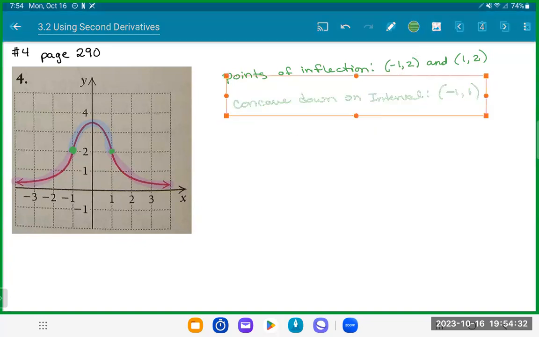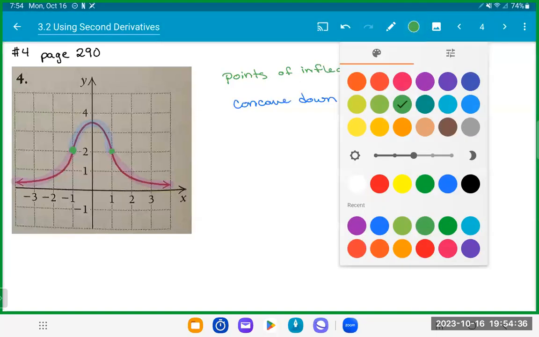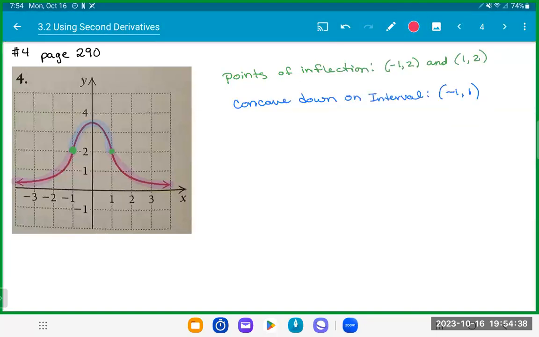We did that in blue. And then we are concave up on intervals that are from -infinity to -1, and from +1 to infinity.